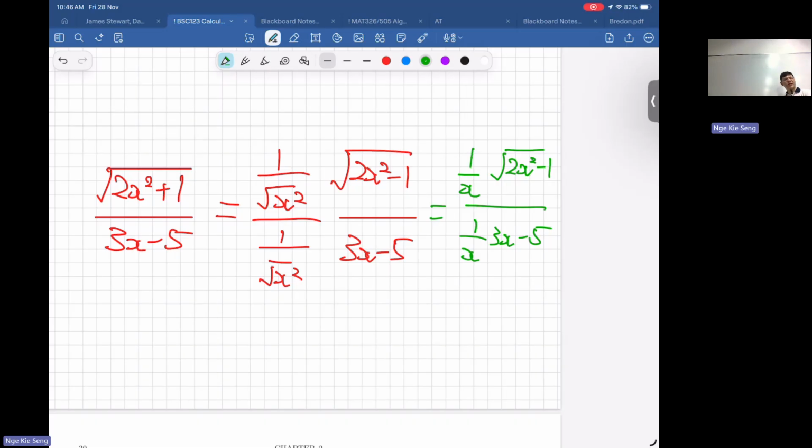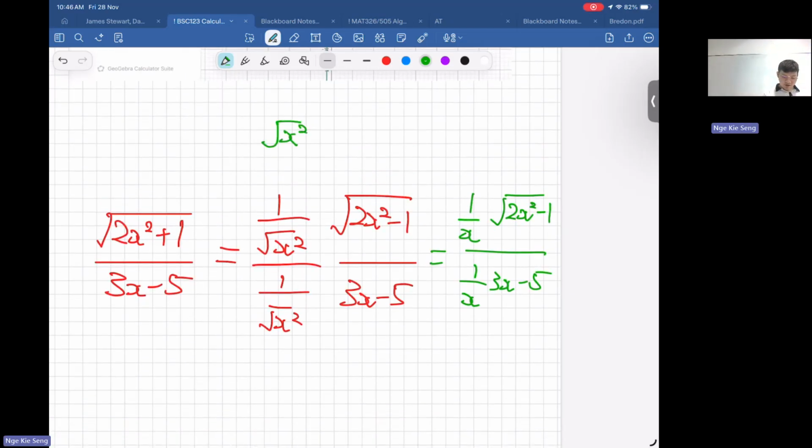It's different, right? Because the square root of x squared is always positive. And these two are actually quite different. In particular, that's the minus sign that we missed.